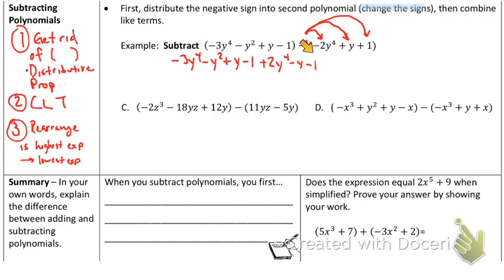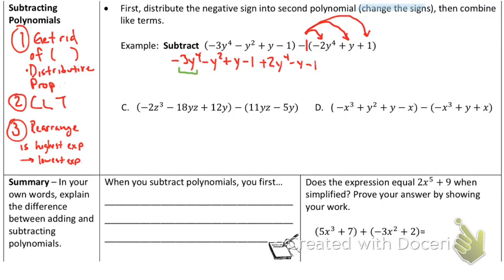Okay? So now, if we look at our new polynomial, step 1 is done because there are no more parentheses, and then we continue what we did in the previous slide. We are going to combine like terms. So I'm looking for anything with a y to the fourth.